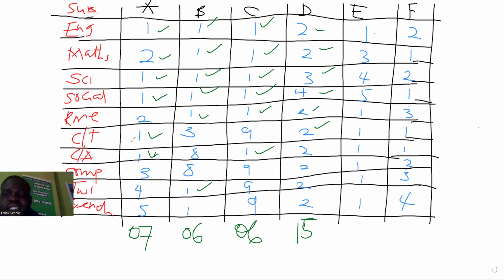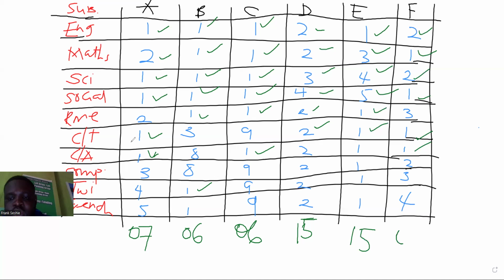Candidate E: English 1, Maths 3, Science 4, Social 5. 1 plus 3, 4 plus 4, 8 plus 5, 13. Out of the remaining ones, we can select any two because they all have the same grades, so 13, 14, 15. Candidate F: 2 plus 1, 3 plus 2, 5 plus 1, 6, 7, 8.